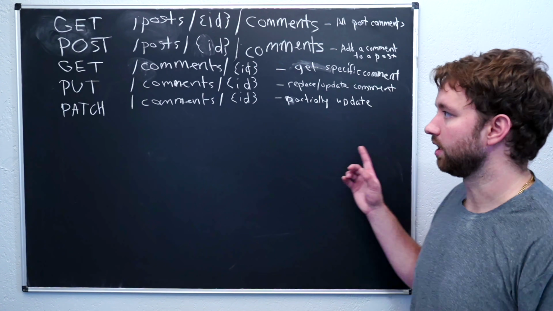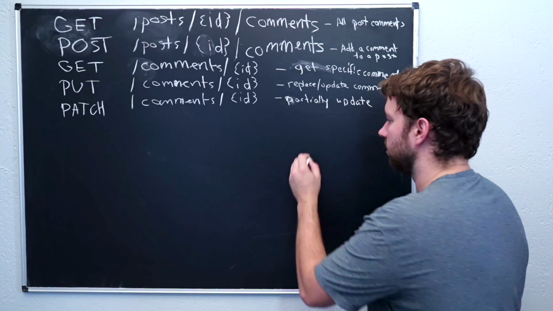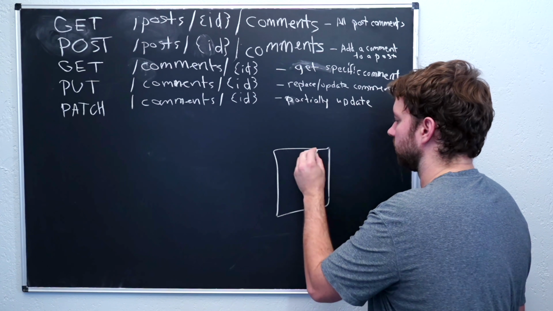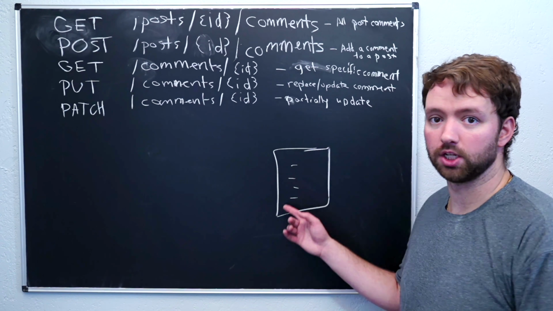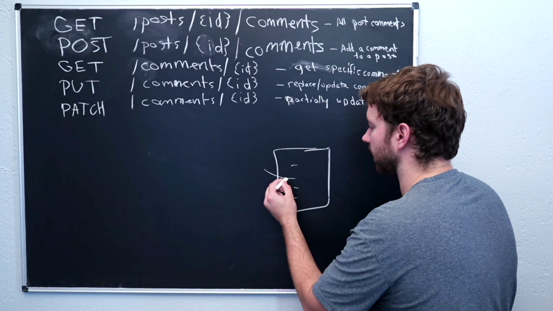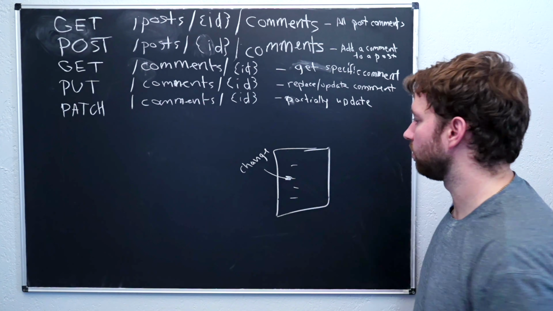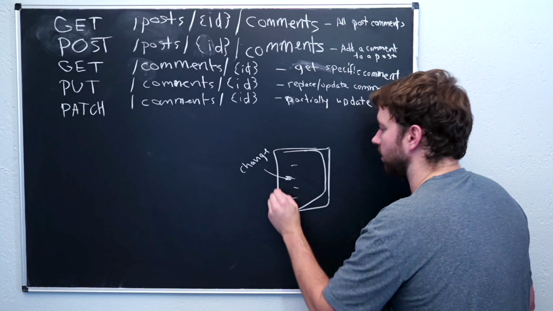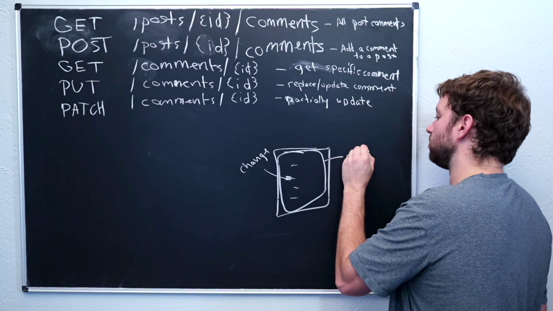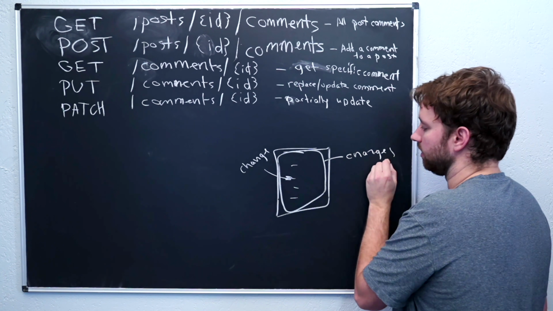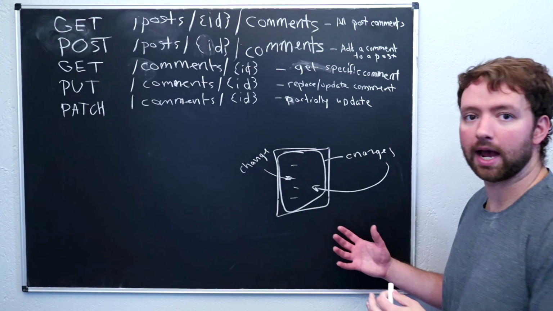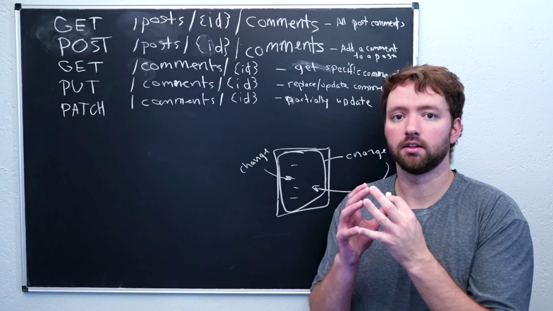So what that means is with PATCH, if you had some document and you had multiple things you wanted to change in it, with a PATCH, you could just select one of these things and change it. With a PUT request, you will take the entire information, make some changes, and send the entire information back. So you're basically replacing the document.